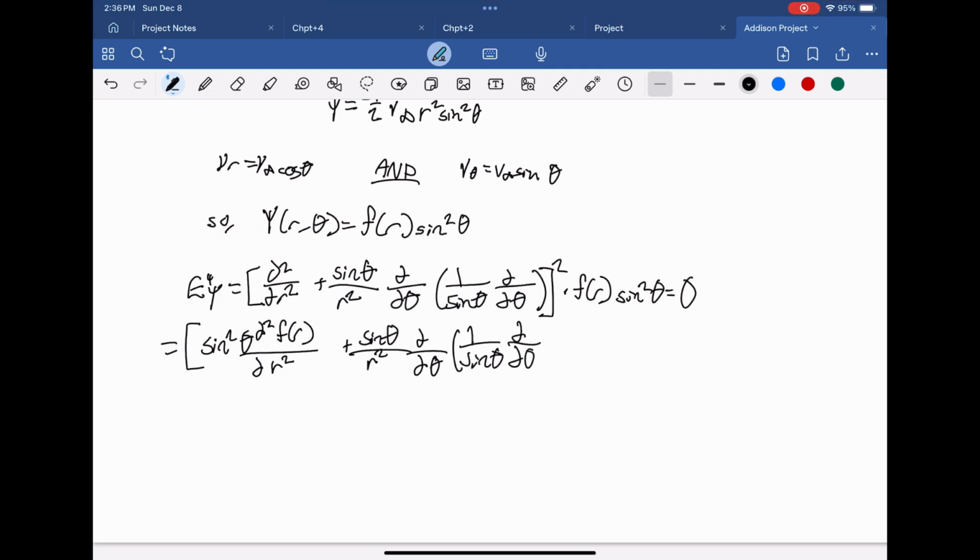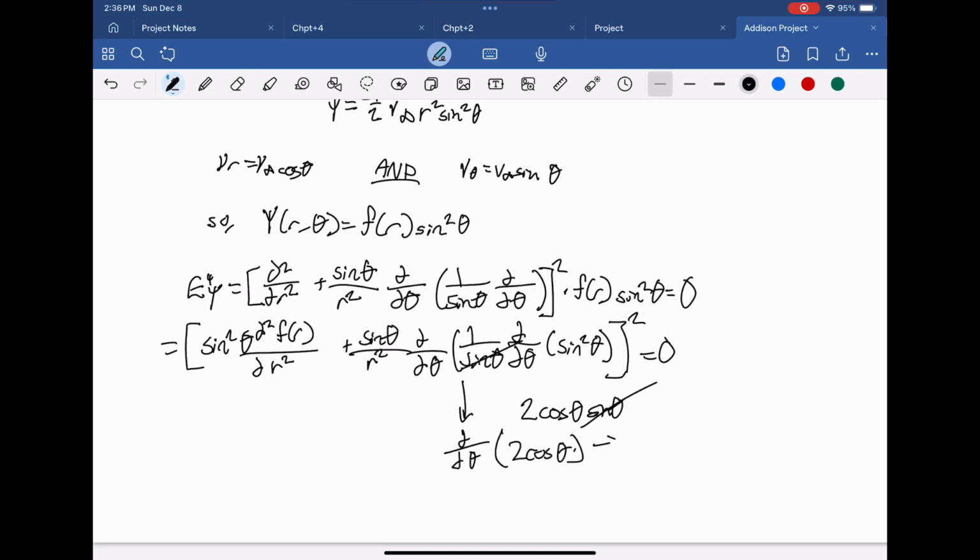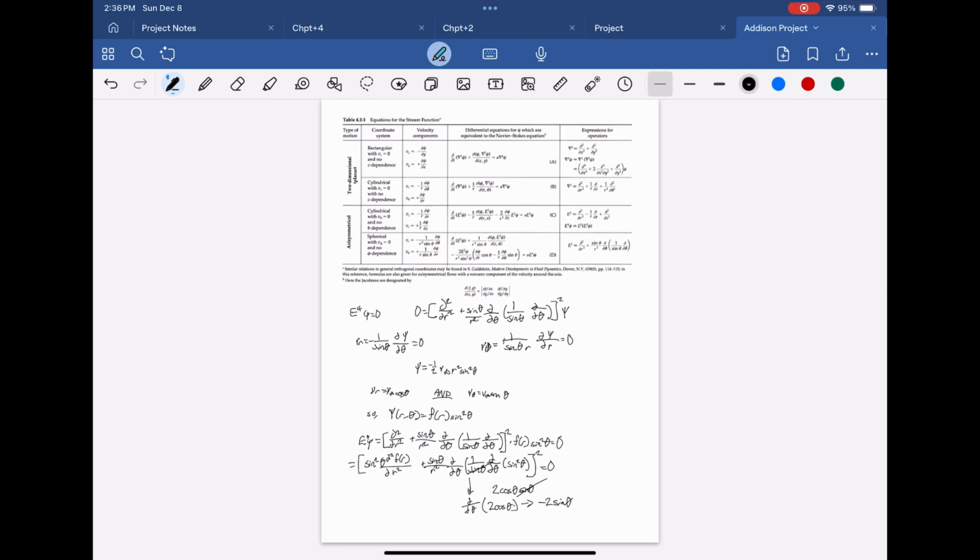And then we're going to need to make sure that you put sine squared at the end because we want to take the derivative with respect to theta of the sine squared. So the derivative is going to be 2 cosine sine, and then we see that that sine theta is going to cancel out with the above sine theta. We're then going to take the derivative of 2 cosine theta with respect to theta again, and we're going to get negative 2 sine theta.